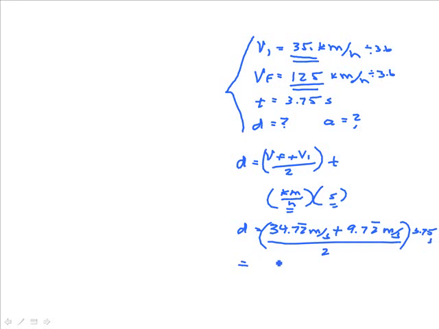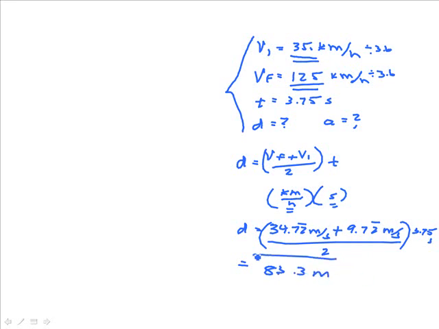34.72 plus 9.72, and then divide that by 2 and then times 3.75, and we get 83.3 meters.